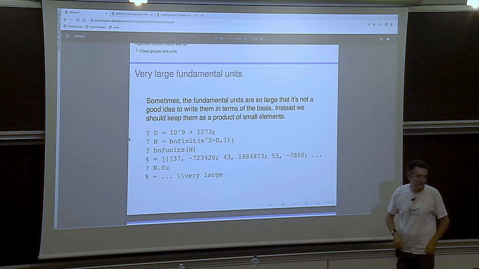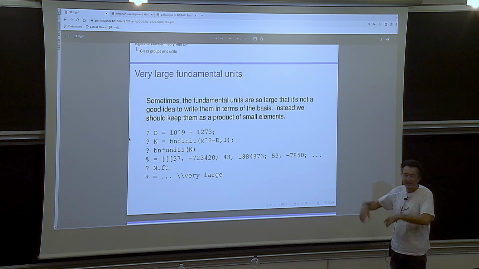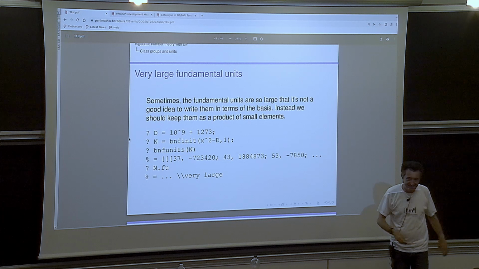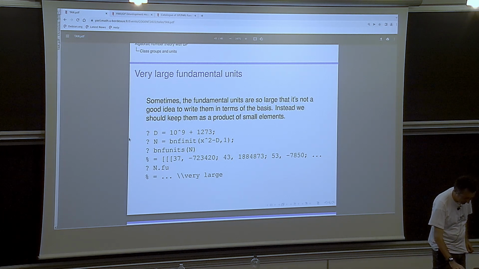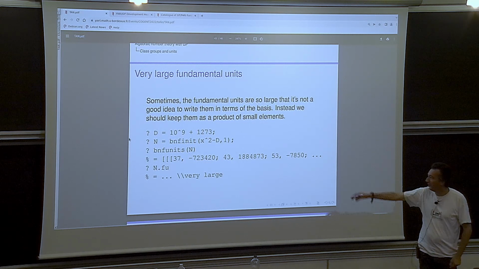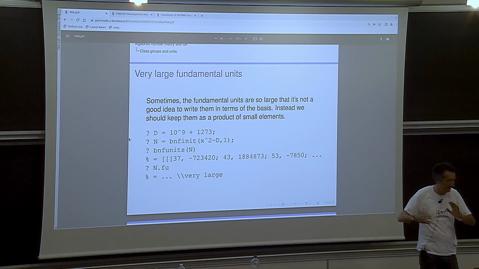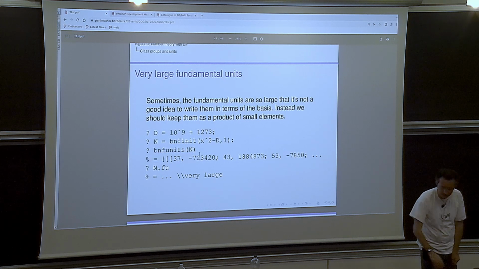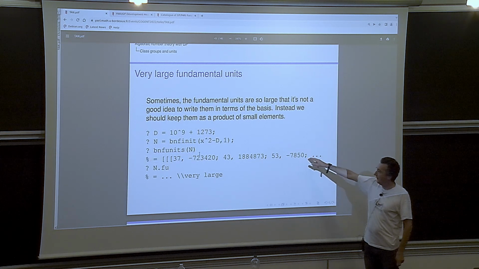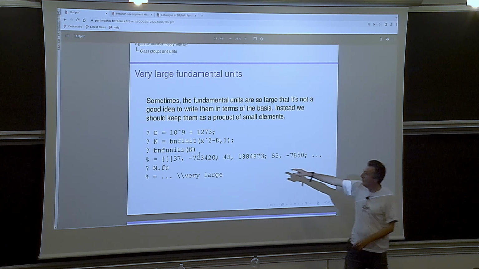You can still print the fundamental unit, but it takes hundreds of screens. It uses the Chinese remainder theorem to build the result. But there's a function bnfunits that will give you the fundamental units written in terms of small elements. If you do that, you see them, but with large exponents.